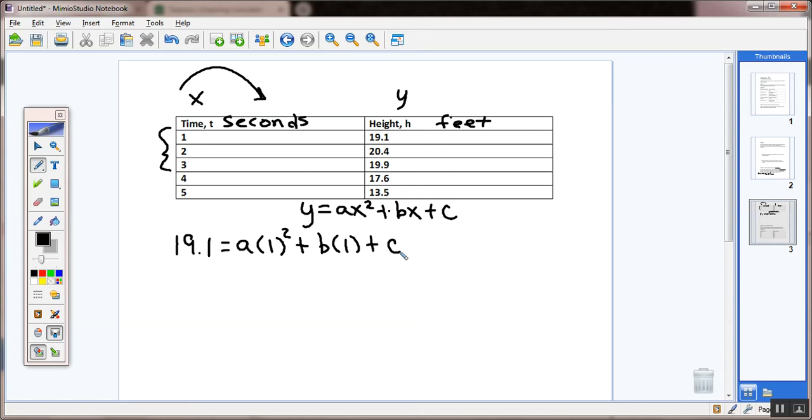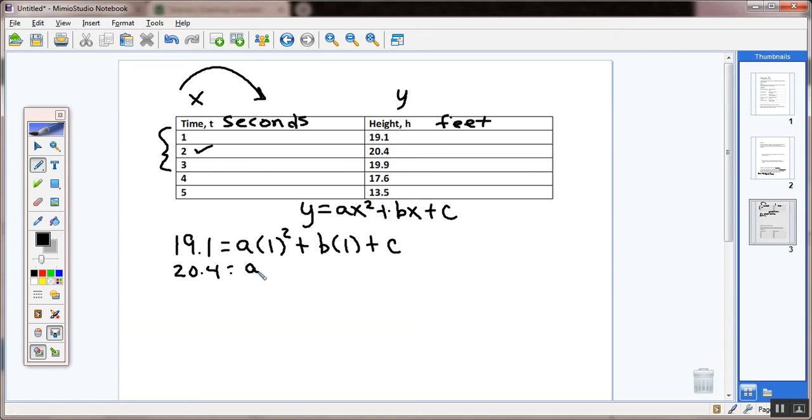Okay. What's the second equation going to be if I use this point right here, kids? 2 comma 20.4. Let's write another equation. What would you plug in for y using this point? 20.4. Thank you. What's going in for x then, kids? 2.